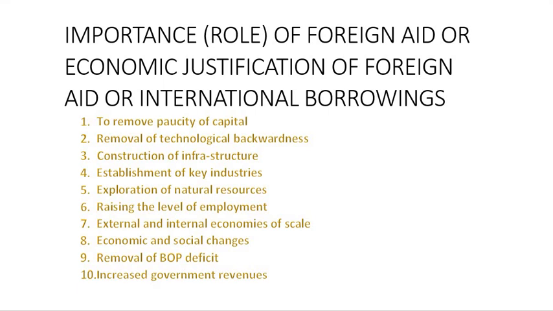This is especially true in the case of poor countries like Pakistan, where the population is rapidly increasing and land is getting incapable of employing the ever-increasing population. Therefore, to enhance employment opportunities, foreign financing can play an important role.